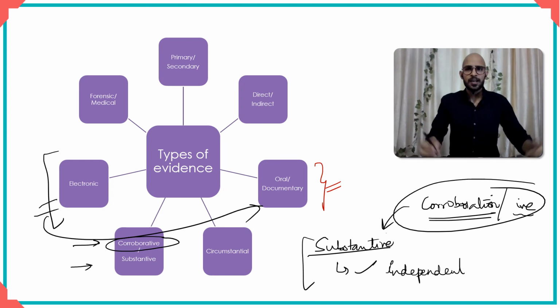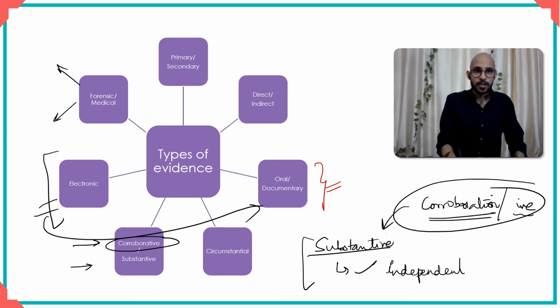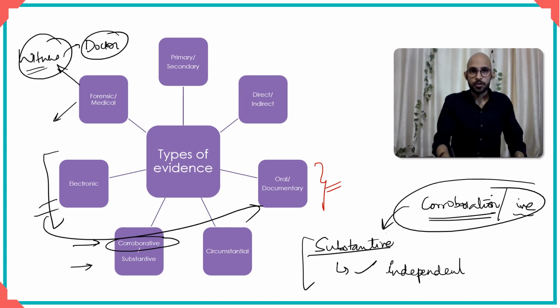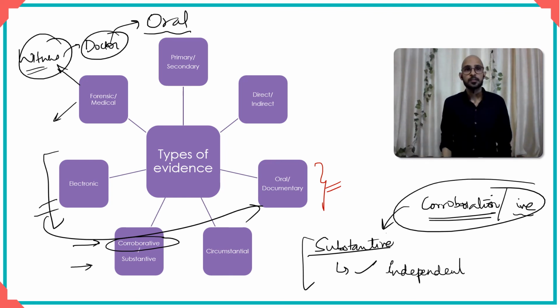And the last example that we've chosen here is forensic evidence. Now, forensic evidence, if it is given by a witness, if it's given by an expert doctor, he comes and now deposes before the court, the forensic evidence becomes oral because it's given by a witness. Likewise, the forensic evidence, which is basically medical and law, so the interface of law and medicine is what is the discipline of forensics.